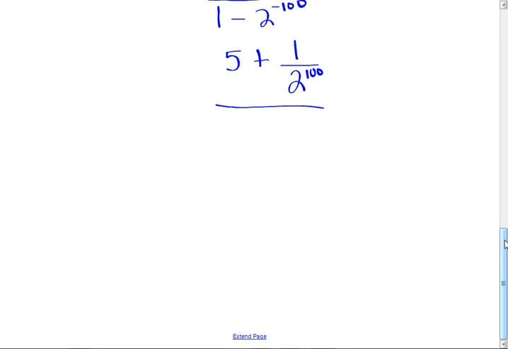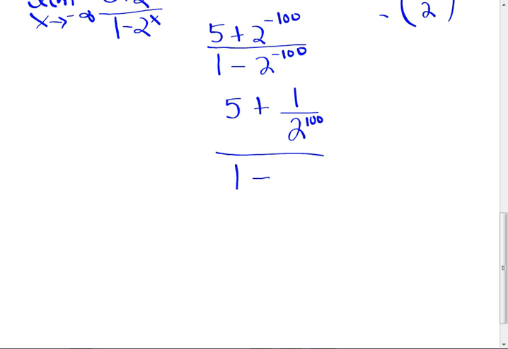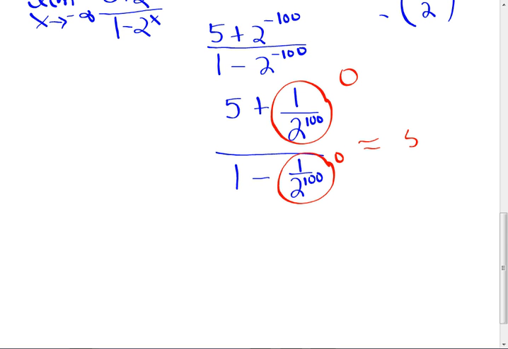And then this was 1 minus 1 over 2 to the 100. If you take 1 and divide it by 2 to the 100th power, what is that getting close to? 0. So what is this getting close to? 5. Oh, that's hard. Well, you have to always look at both positive infinity and negative infinity.